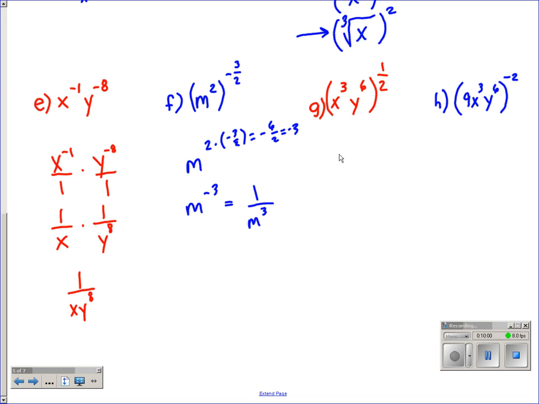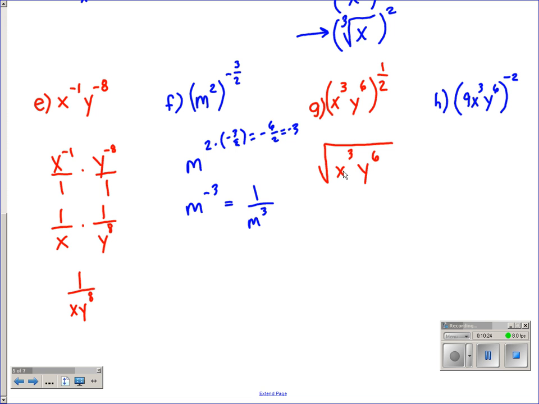Let's go ahead and do that here. Remember, 1/2 power is the same thing as saying the square root of x to the third y to the sixth. So we're essentially taking the square root of each of these two variables.